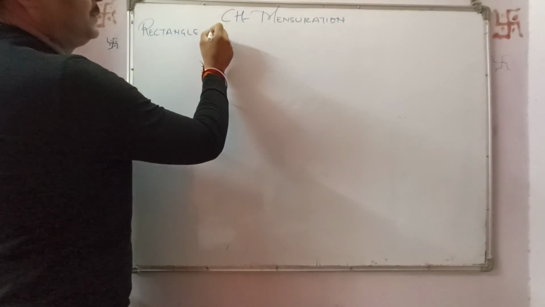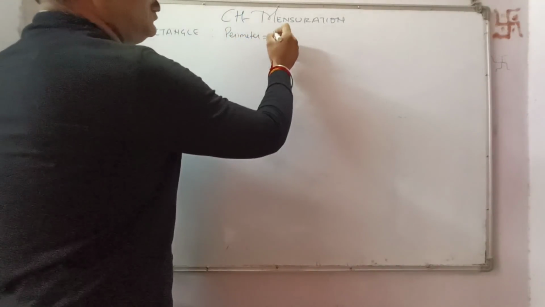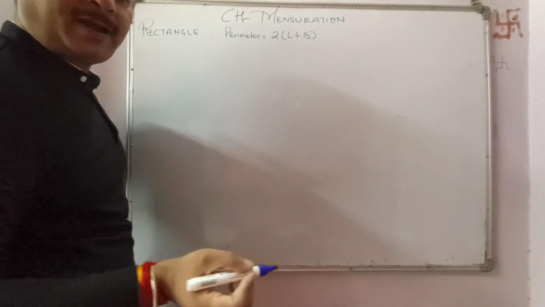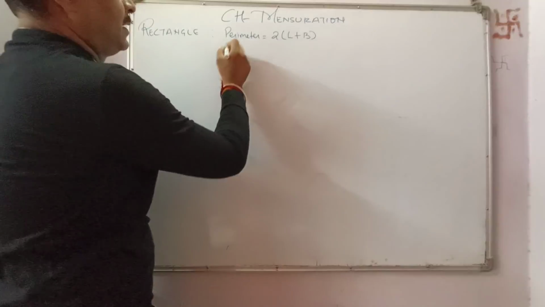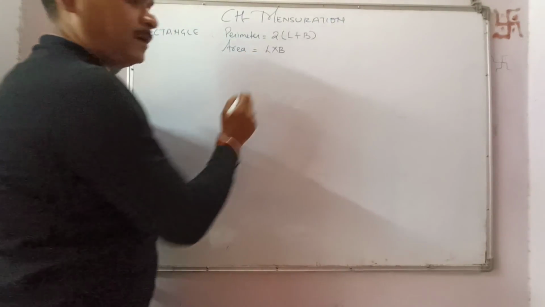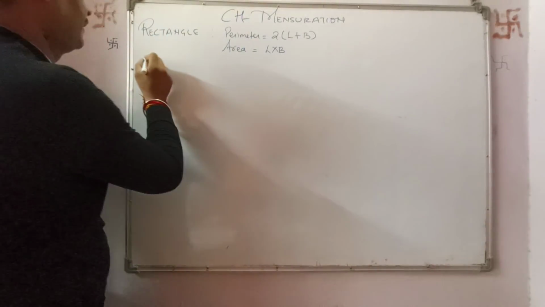Rectangle: perimeter is equal to twice length plus breadth, or twice the sum of the adjacent sides. Area of rectangle is length into breadth, or the product of the adjacent sides.